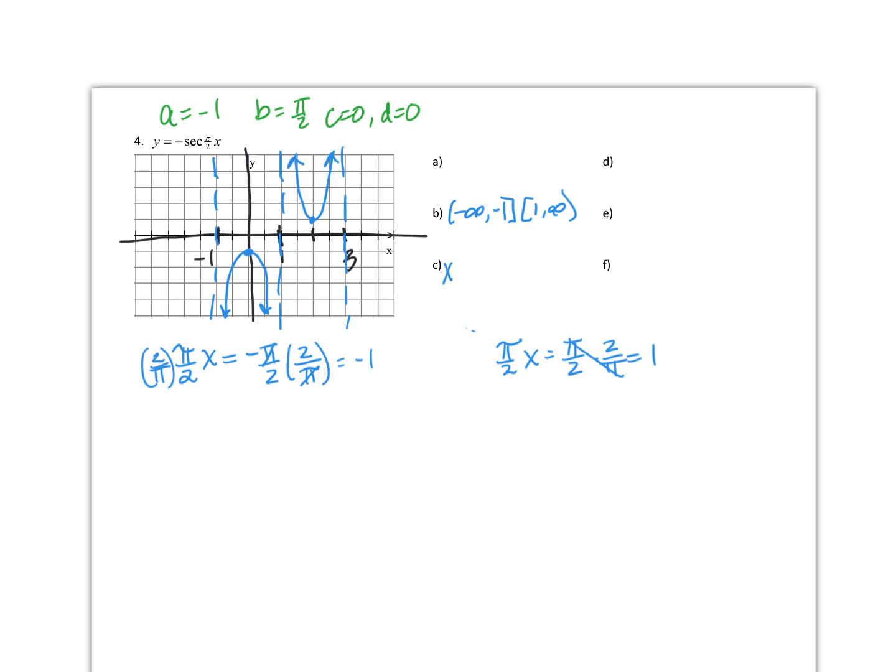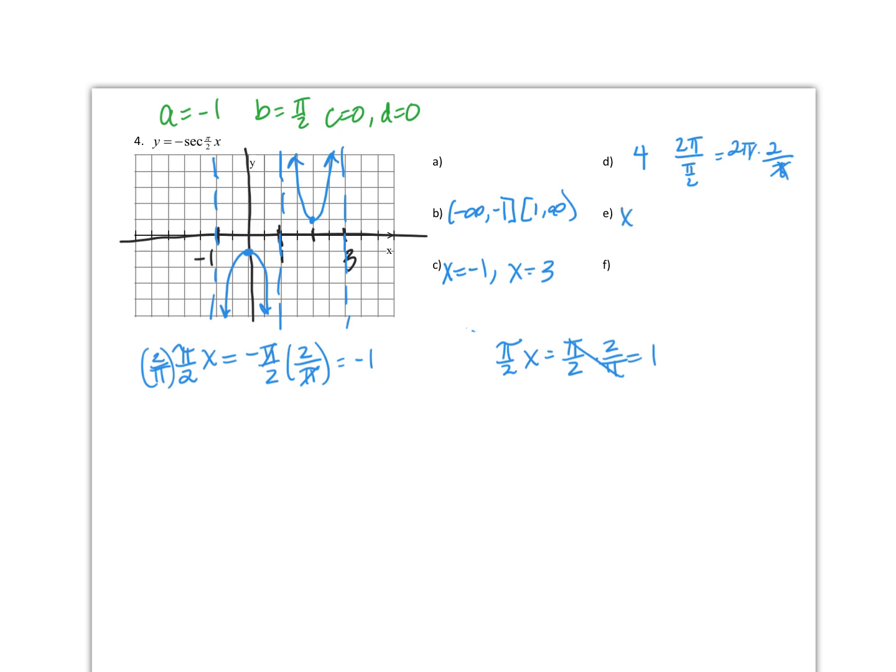C is where does it start and where does it end? Well, this one starts at -1 and it ends at 3. So what's the distance here? Well, that means it's a distance of 4. So if I do 2 pi over b, which is pi over 2, if I keep change flip, look, I end up with 4, don't I?